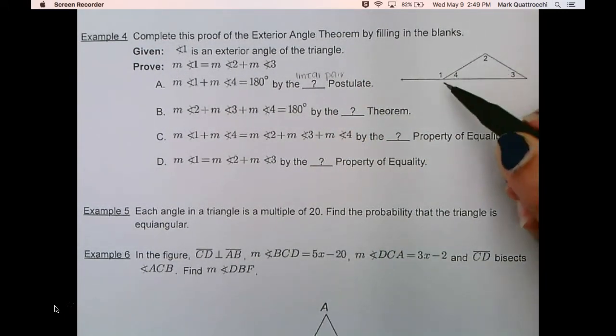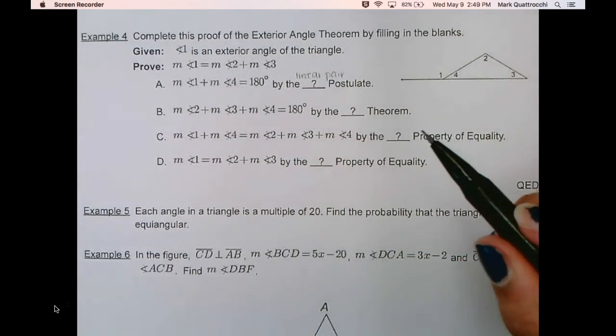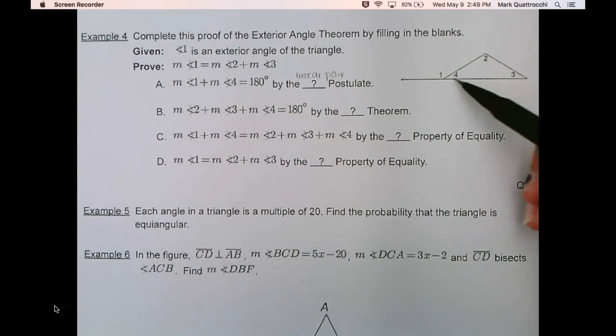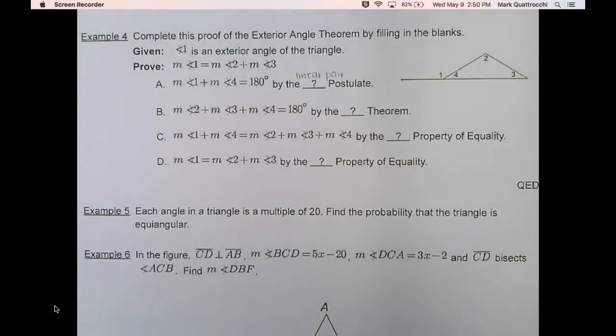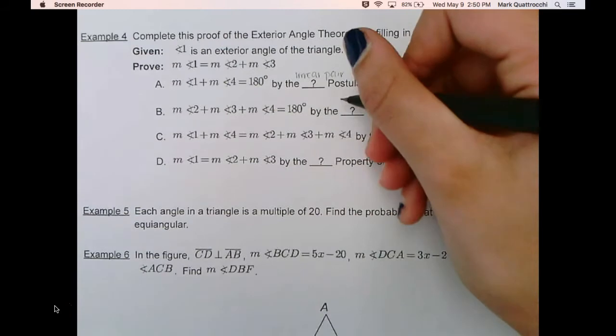And this is because these two angles are on this line, and they equal this line, and all lines equal 180 degrees. For B, measure of angle 2 plus measure of angle 3 plus measure of angle 4 equals 180 by the triangle sum theorem.